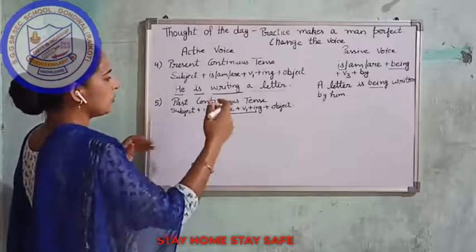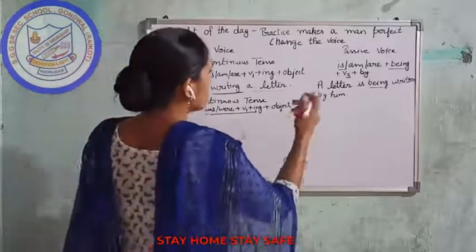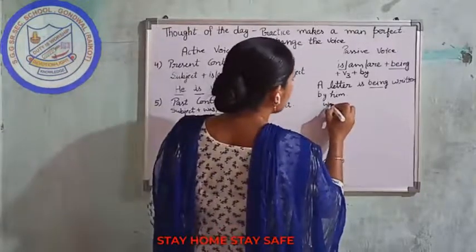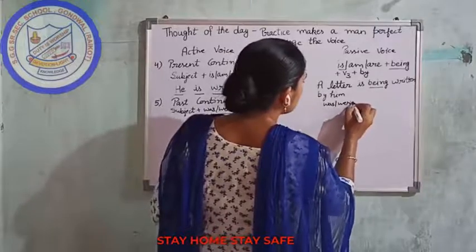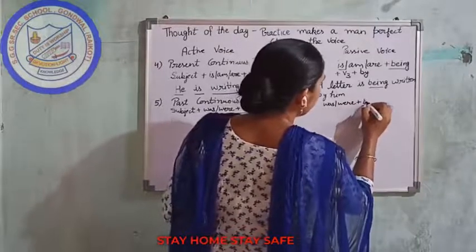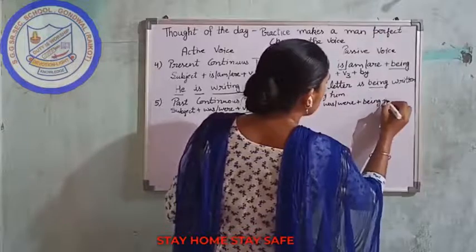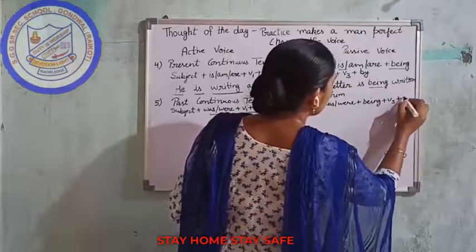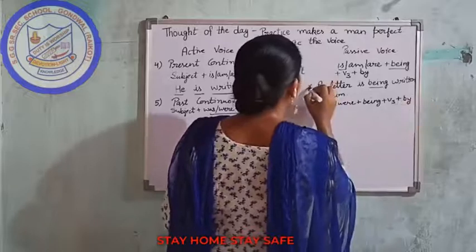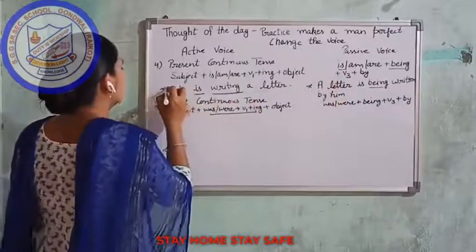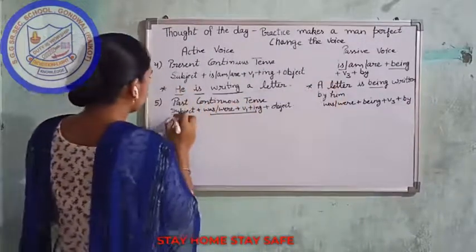So, what will we use for passive voice? Yes, was, were plus being, then past participle and then by. Yes, here is the example.